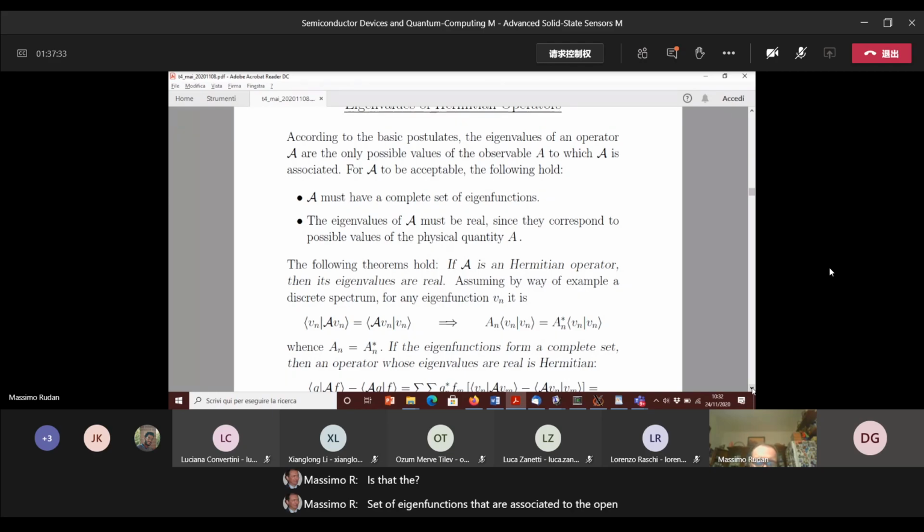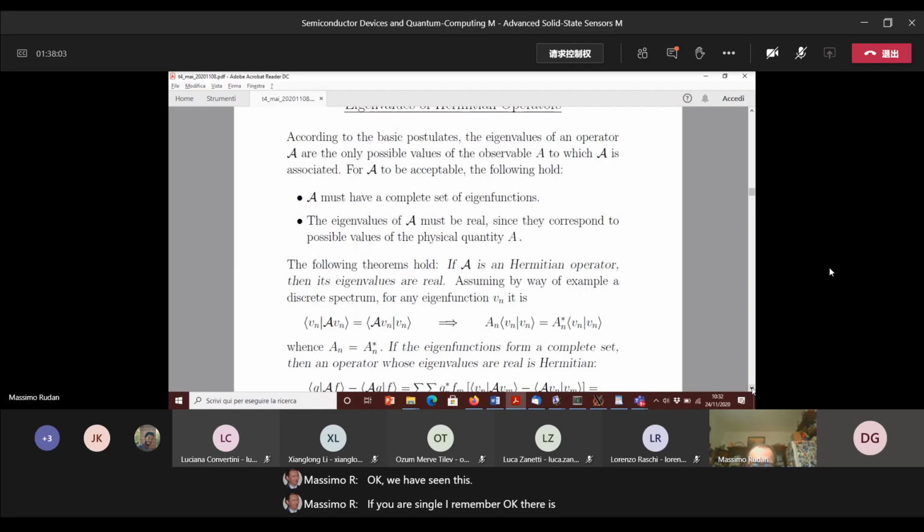And this also, as I said before, must be checked on a case-by-case basis, but this has been checked already by the mathematicians, okay? We already showed a demonstration that if an operator is Hermitian, then the eigenvalues are real, okay?